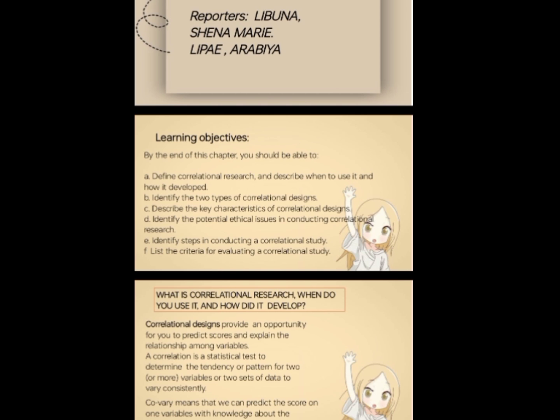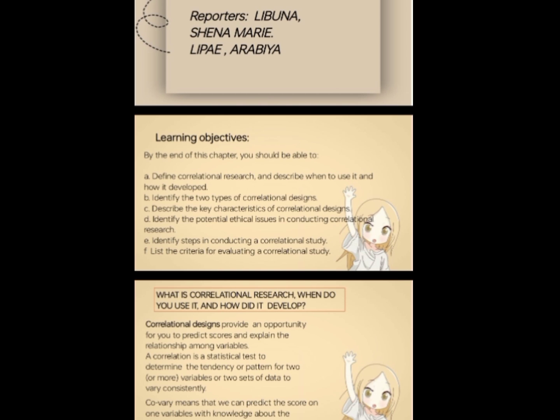So, what is correlational research? When do you use it and how did it develop? Correlational designs provide an opportunity for you to predict scores and explain the relationship among variables. A correlation is a statistical test to determine the tendency or pattern for two or more variables or two sets of data to vary consistently.